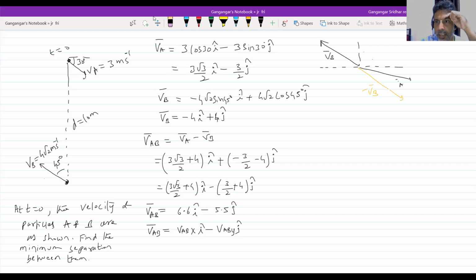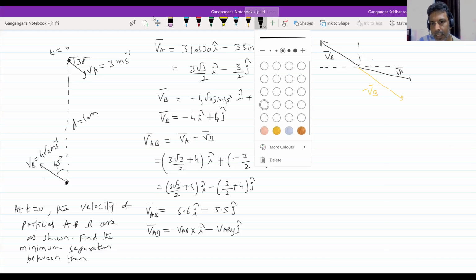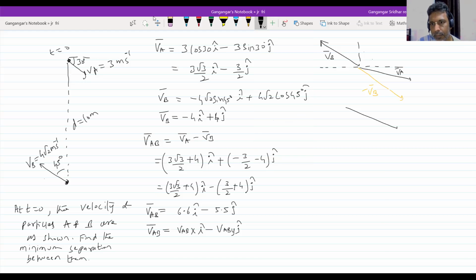I'm drawing with yellow color line, just to make observation. Okay, so now VA bar minus VB bar is needed. So how should the resultant vector be? The resultant vector will come like this. Minus VB bar, you bring it here. So the resultant vector VA bar minus VB bar.